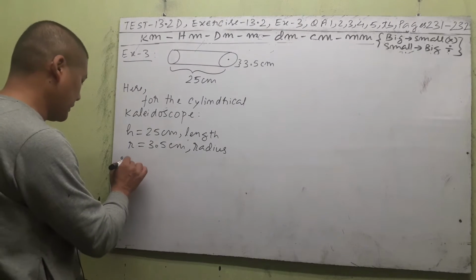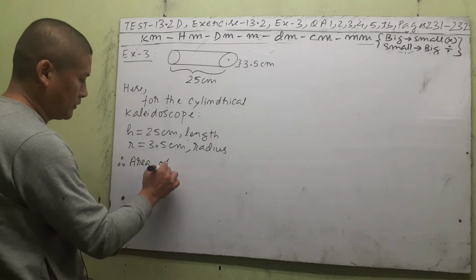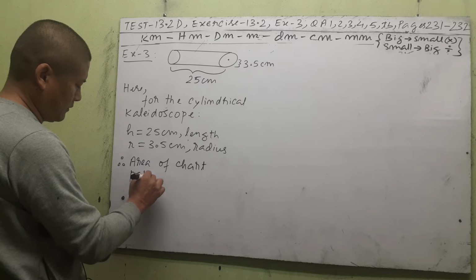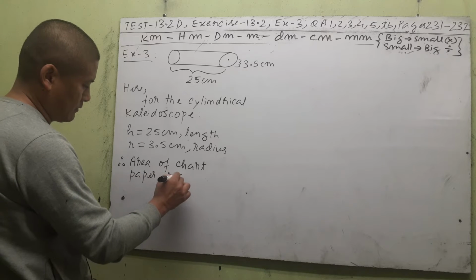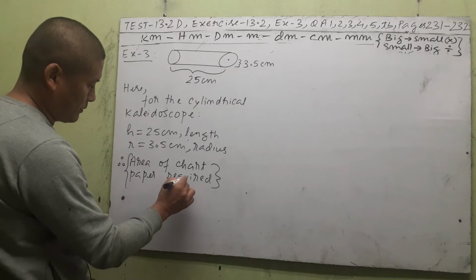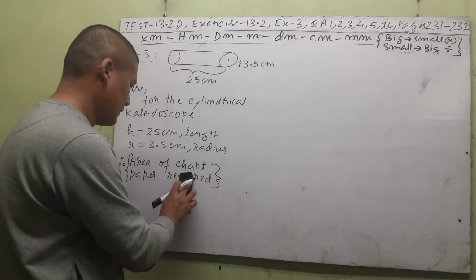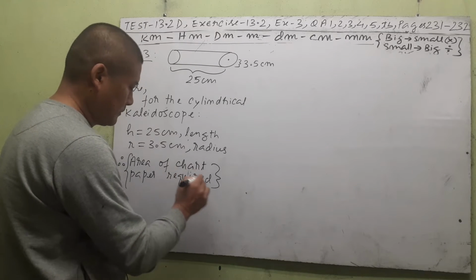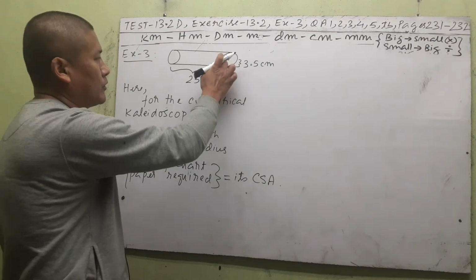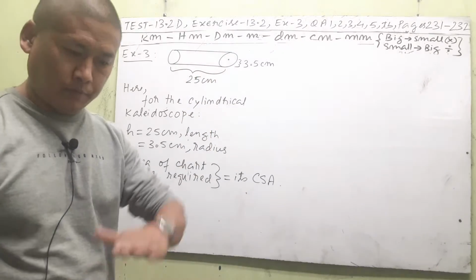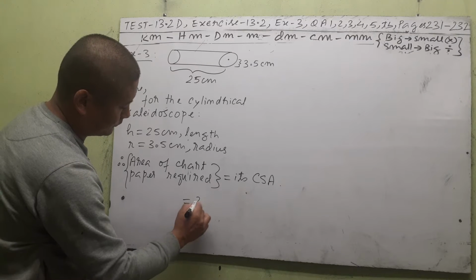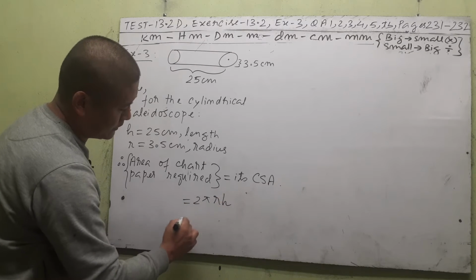area of chart paper required by her would be its curved surface area, because the ends are not closed, so it will just be the curved surface to make the round cylindrical kaleidoscope, which for a cylindrical shape is the formula 2 pi RH.